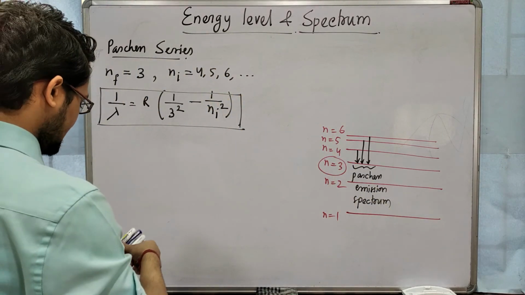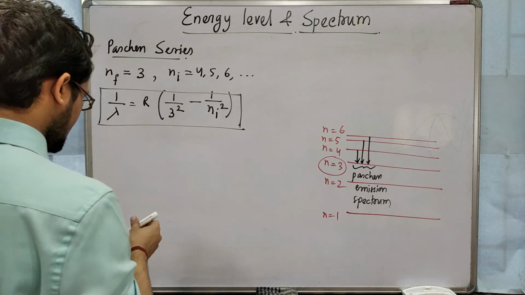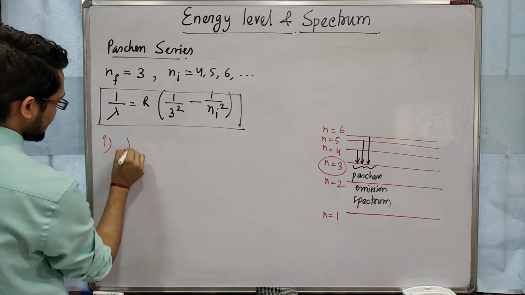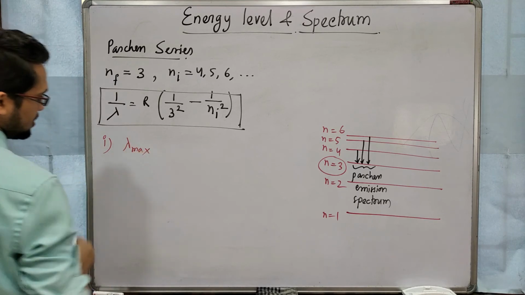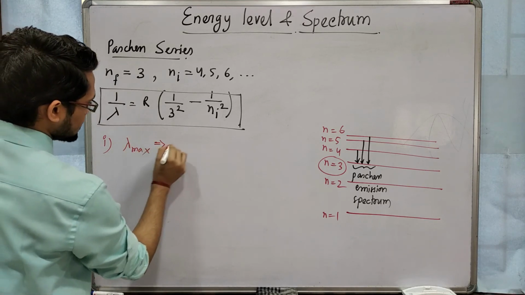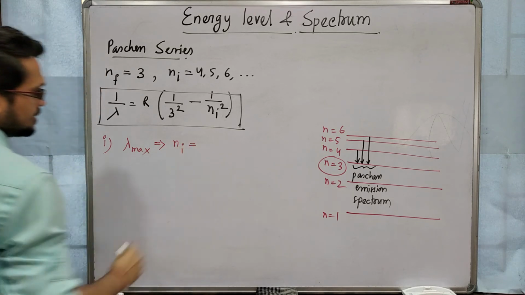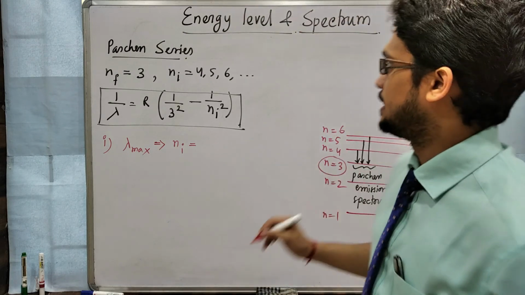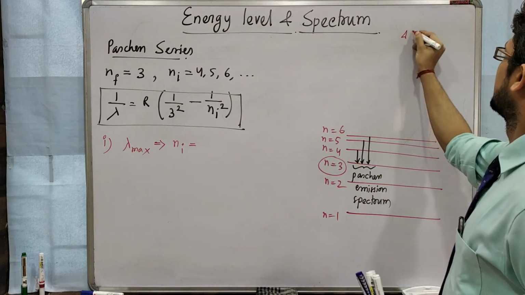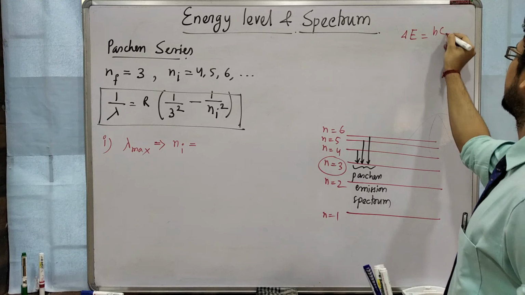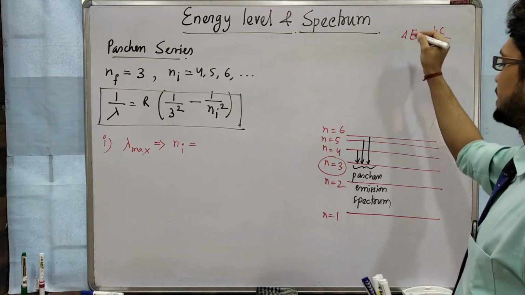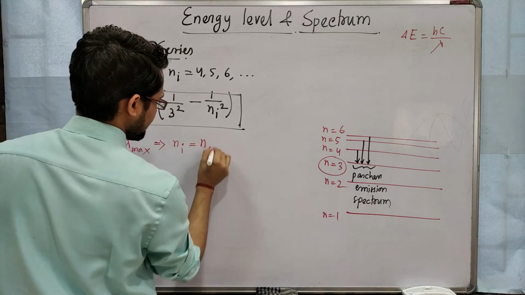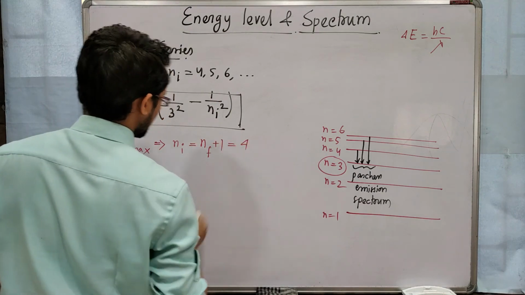Here again I am writing for Ni and Nf, lambda max, lambda min. I am not writing all the things. For lambda max we will take Ni. Lambda max means delta E should be minimum. Delta E equal to hc by lambda. Minimum means just from the above level, Nf plus 1, that means 4.